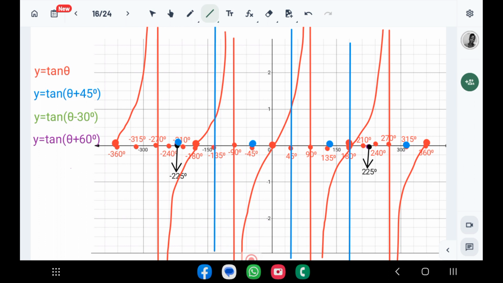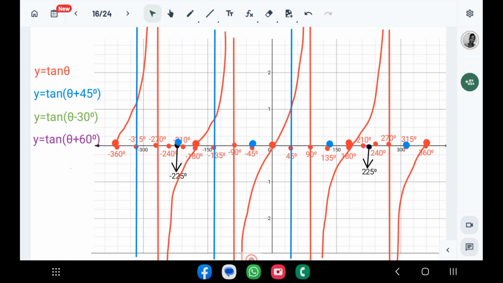This is where we must be. Next one, negative 135 minus 180 lands us at negative 315. Let's harvest this one. There is negative 315.